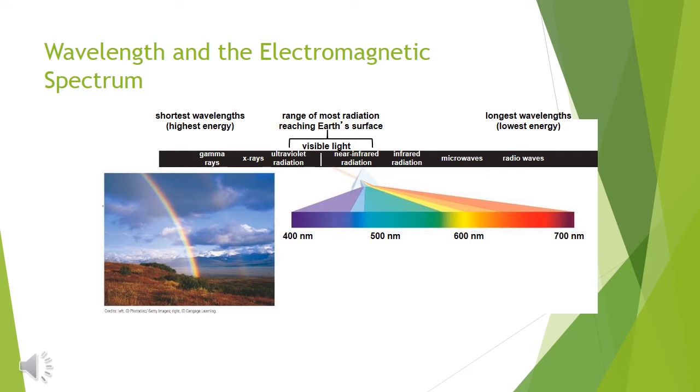So if you're a kid, you probably learned the acronym ROY G BIV: red, orange, yellow, green, blue, indigo, violet. Sometimes we just say purple for short instead of violet. But that's the technical color, violet. Okay, and in this case it goes right to left, colors red to violet.